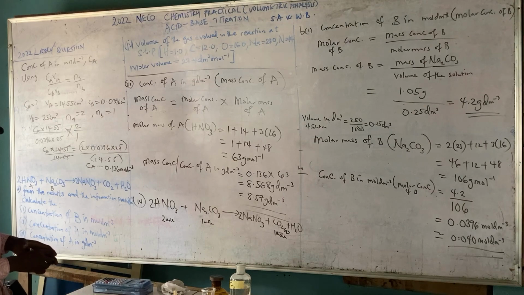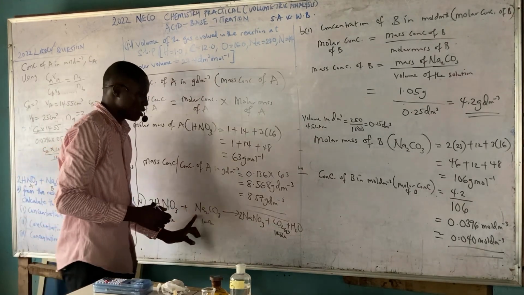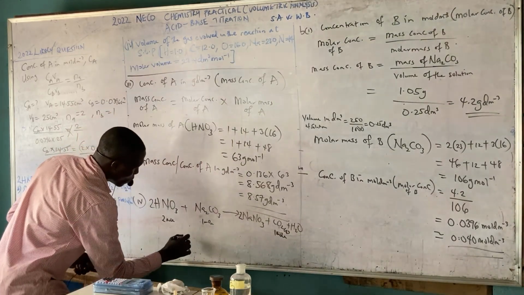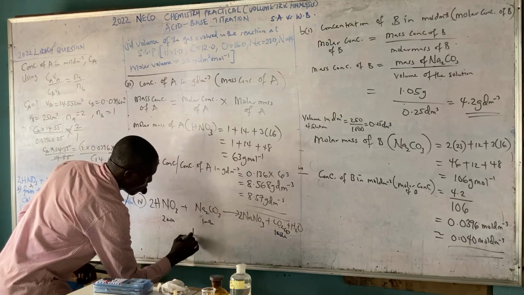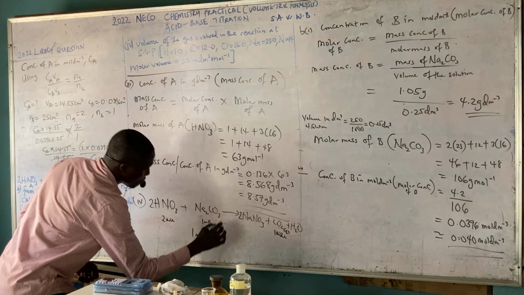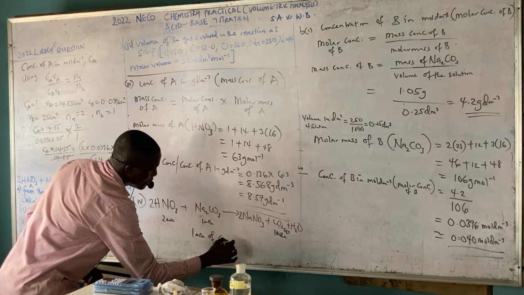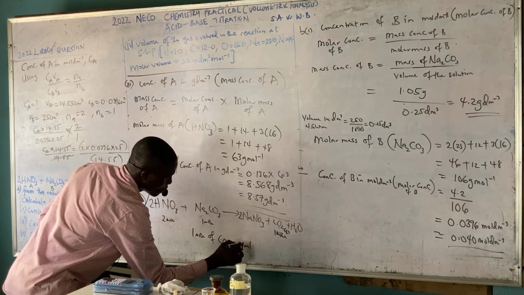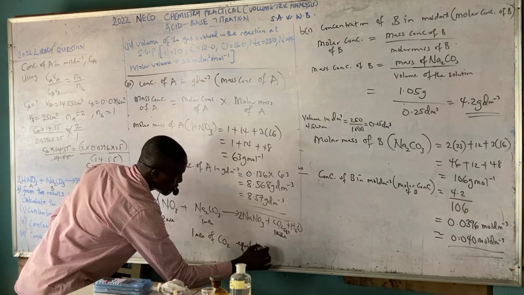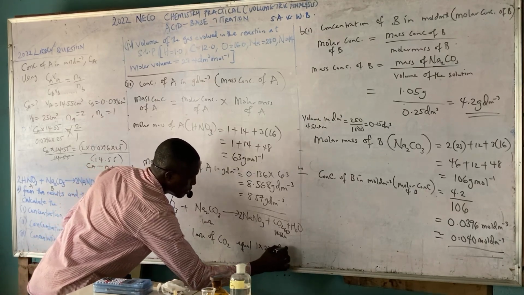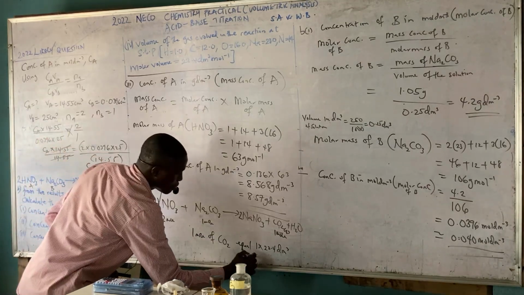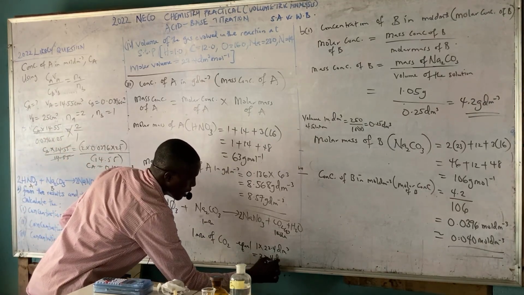It now asks us to find the volume of the gas evolved at STP. Since 1 mole of this produces 1 mole of this, it means 1 mole of CO2 evolved is equal to 1 multiplied by 22.4 dm cube, which is the volume occupied by the gas at STP, 22.4 dm cube.